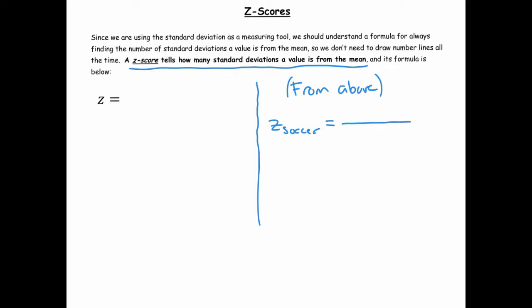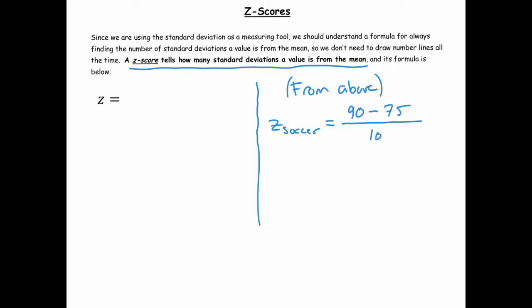Well, we needed to see how many times the standard deviation, which for soccer was 10, went into the distance between his performance, 90 goals, and the mean, which was 75 goals. So we took that distance, 90 minus 75, right? That's 15. That was the distance between those two numbers, and subtraction gets us that distance. And then we saw how many standard deviations went into that, which implies division.